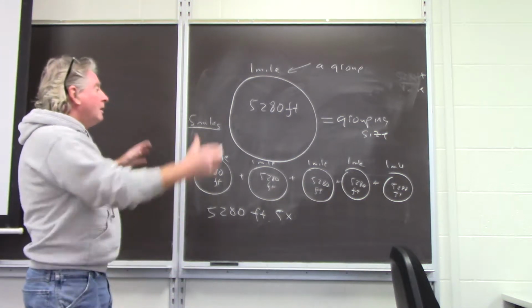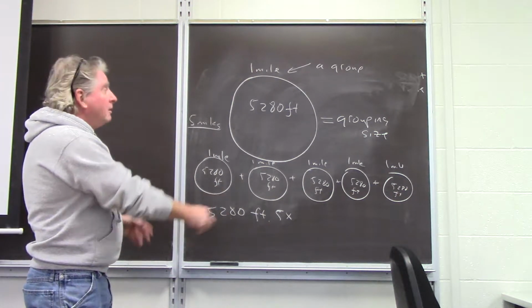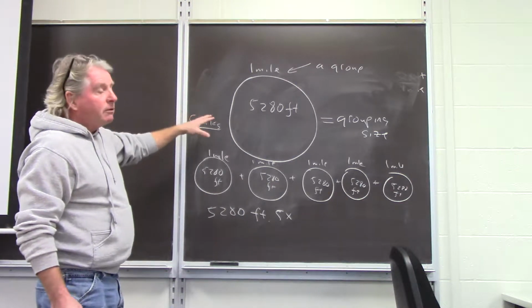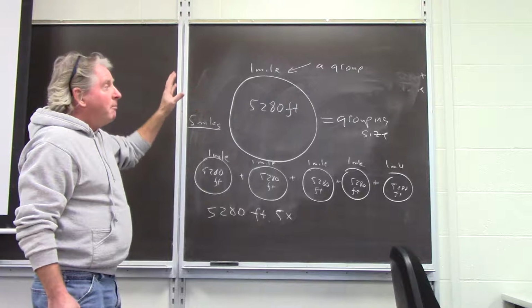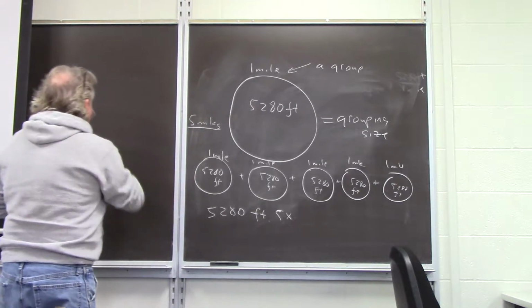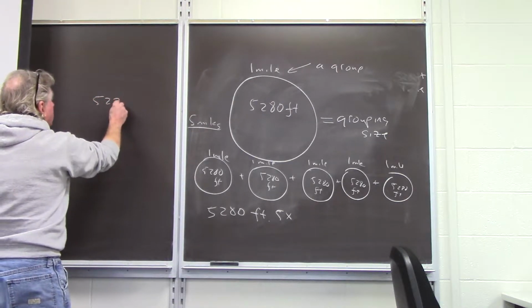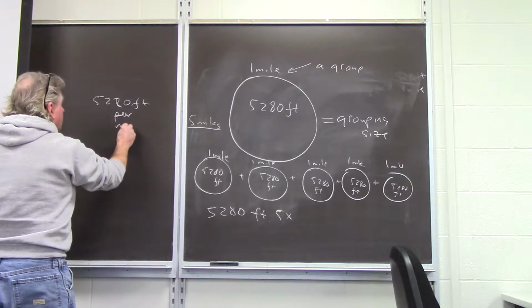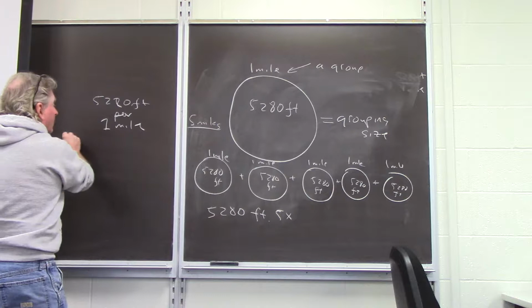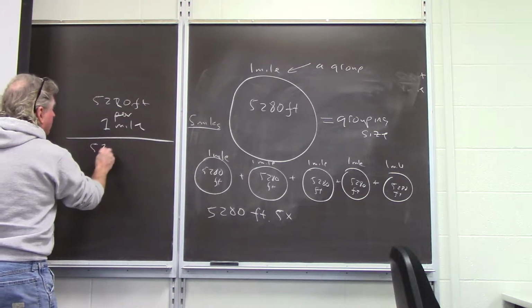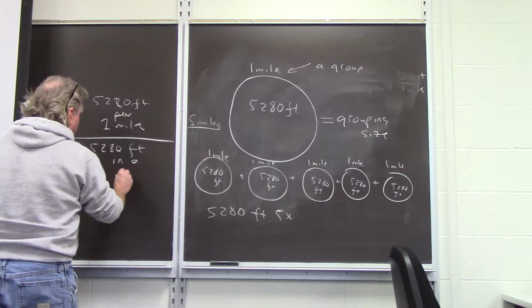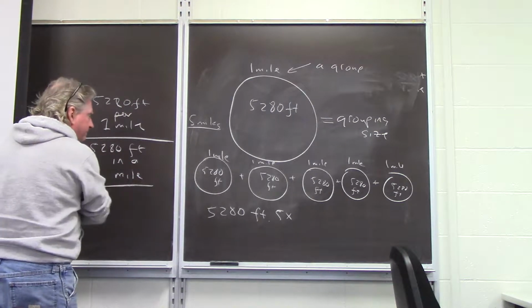In this case, the feet are being grouped into miles, like the ratio of 5,280 feet per mile. So we have 5,280 feet per mile. That also can be said as 5,280 feet in a mile, or 1 mile.